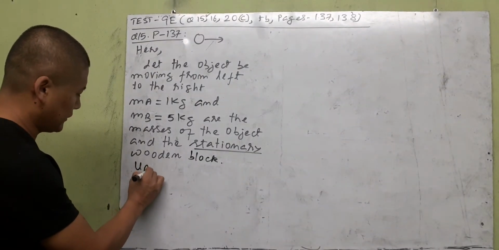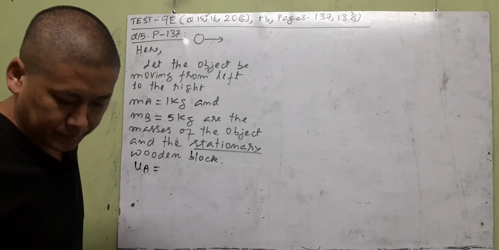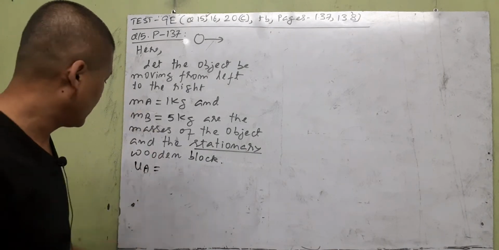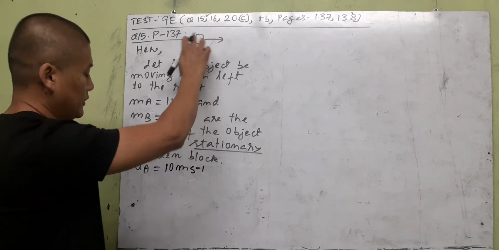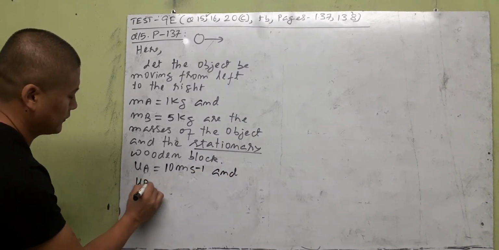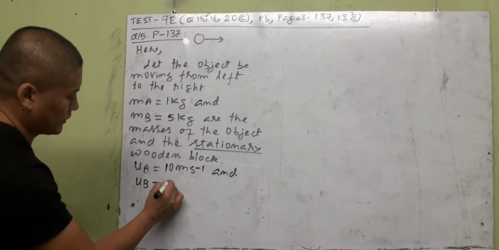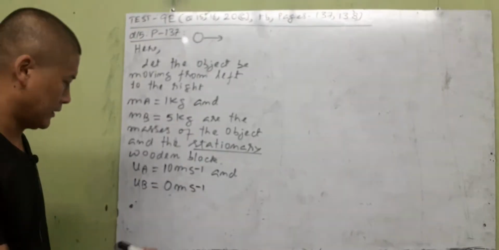So initial velocity of this object is clearly mentioned there, moving with a velocity of 10 meters per second. So 10 meters per second is what this object is moving with. And then initial velocity of the wooden object is 0 because clearly the question is saying stationary.